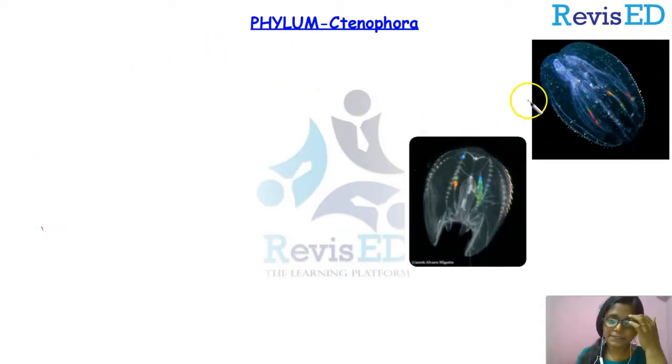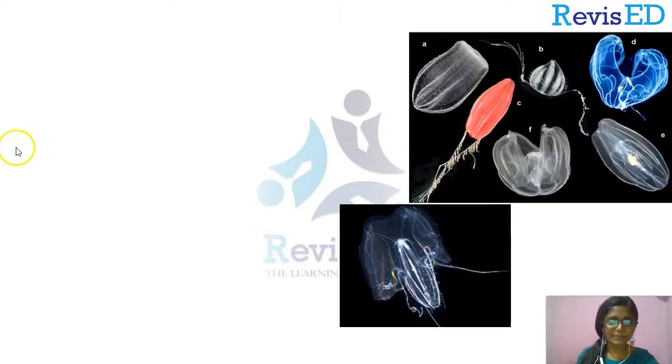So guys, these are the examples for ctenophores, and what do you think about their structure? I will show you one more example. See, what does this thing look like? Do you feel any resemblance with any nuts?